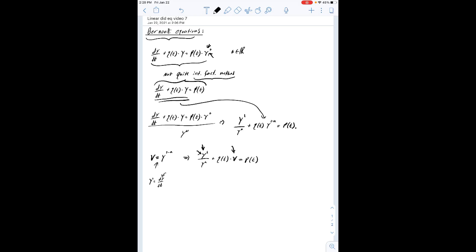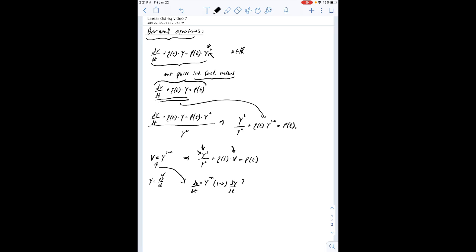So let's implicitly derive this from Calc 1, and we get dv is equal to y to the 1 minus a minus 1, which is just going to be minus a, and then we get a multiply by 1 minus a, and then we're deriving with respect to y, right? So we write a dy right there. So now we can just divide each side by a dt, and we get this.